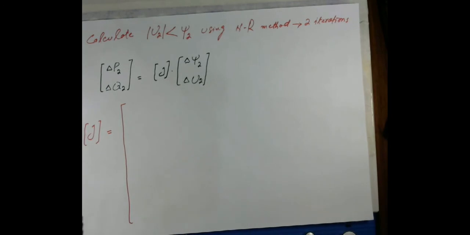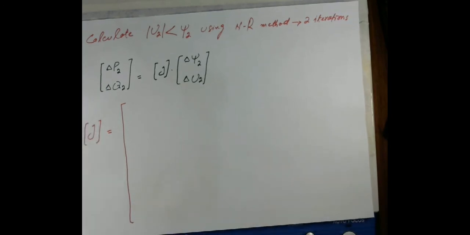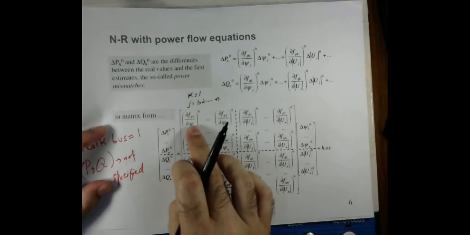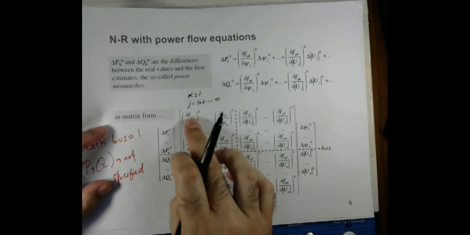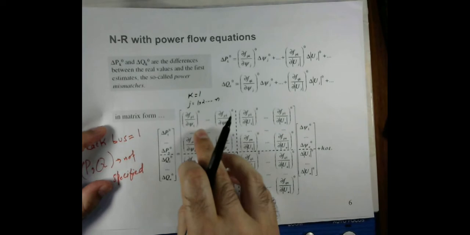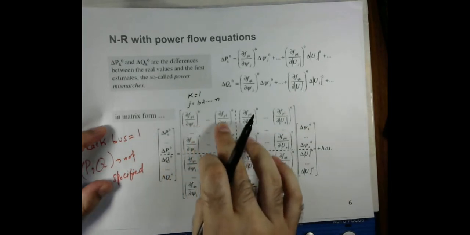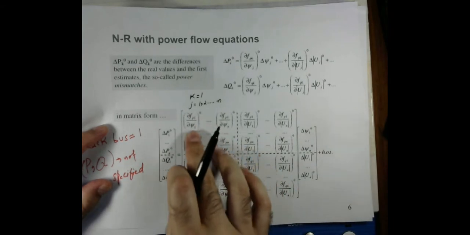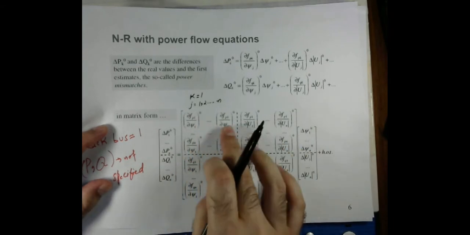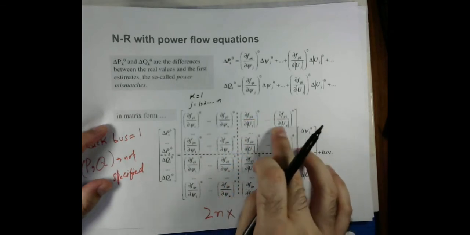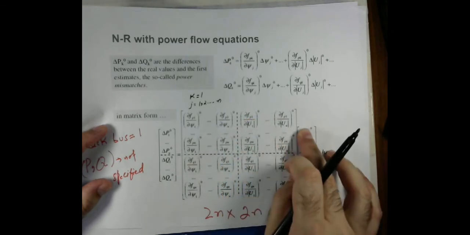So first, if you remember, that is the first entry: the derivative of the active power with respect to the angle. Here we take the derivative of the active power with respect to psi 1, psi 2, up to psi n, and similarly the derivative of the same expression with respect to the voltage u1, u2, up to un.